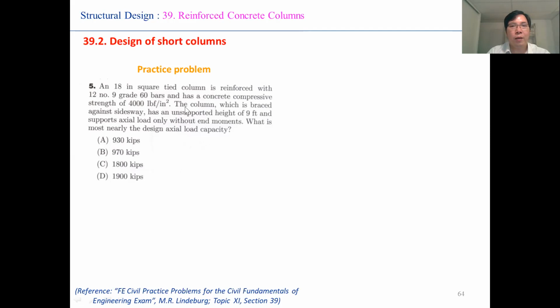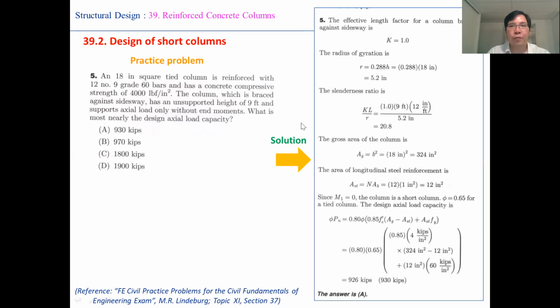The column is braced against sideways, has a supported height of 9.15 feet, and supports axial load only without end moment. The question is, what is the most nearly the design axial load capacity? So for the solution, firstly, you can determine the effective length factor for a column braced against sideways, K. In this case, K equal to 1.